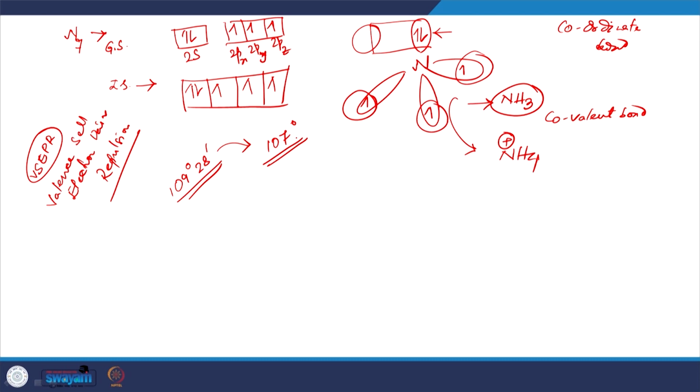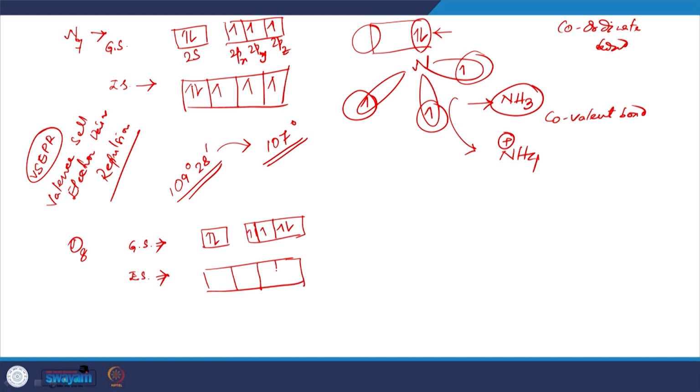What will happen to oxygen? Oxygen has 8 electrons. So, in the ground state, it would have 2s and 4p. In the excited state, again it would form 4 sp3, but there would be 2 lone pairs.